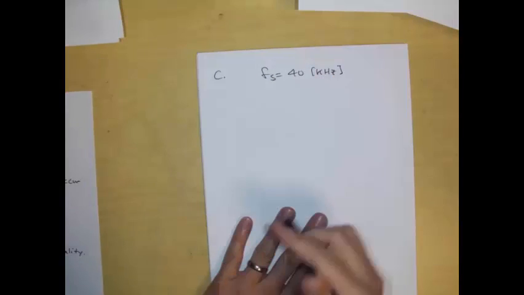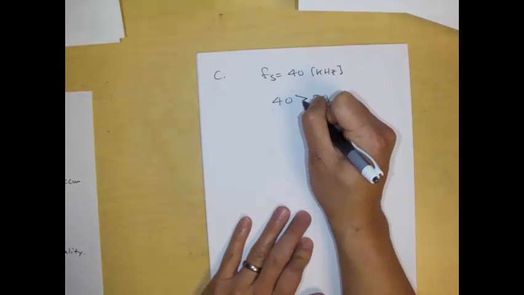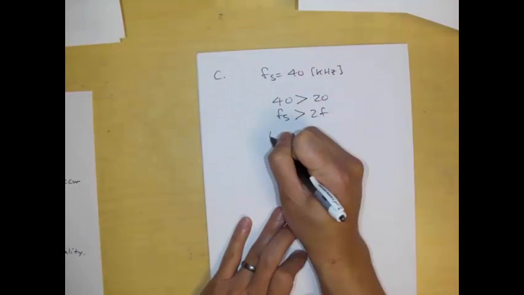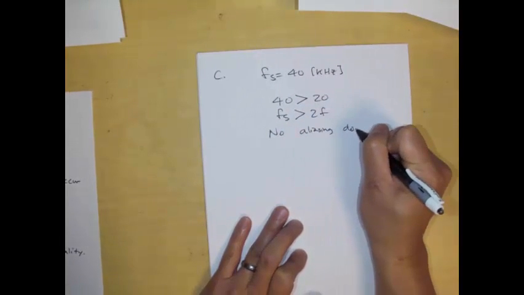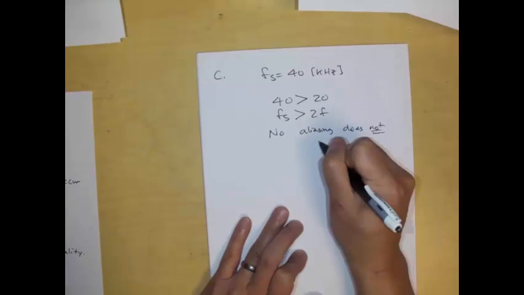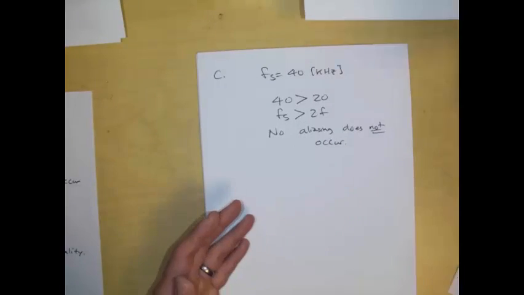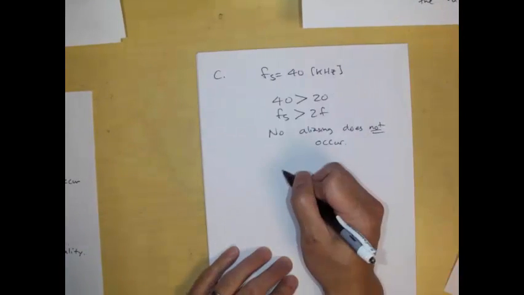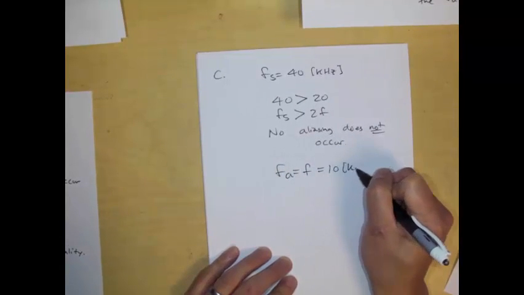Now let's look at 40 compared to 20. 40 is now greater than 20, so that means Fs is greater than 2F, and we go, no, aliasing does not occur. Well, if aliasing doesn't occur, we don't even have to use this plot anymore. We're in this region over here, and so we already know that FA equals F, which is equal to the 10 kilohertz.